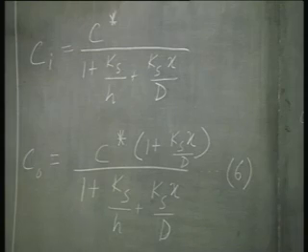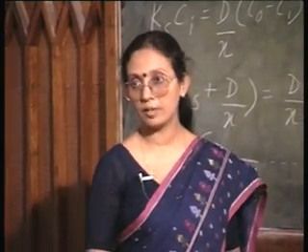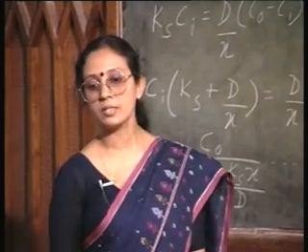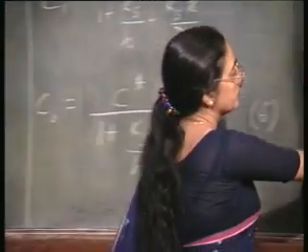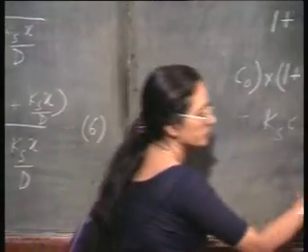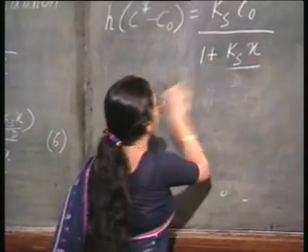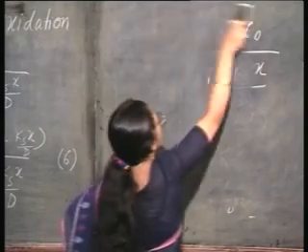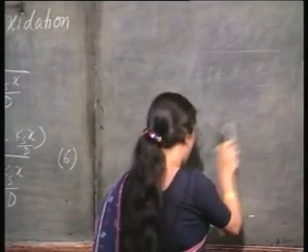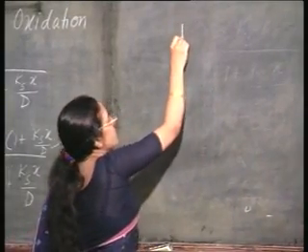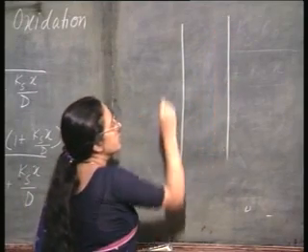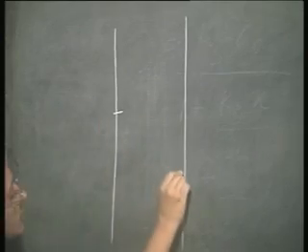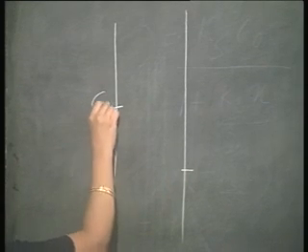After all this mathematical rigmarole, let us look at it a bit more physically. As I have told you, C naught and Ci actually denote the concentration here and the concentration here.